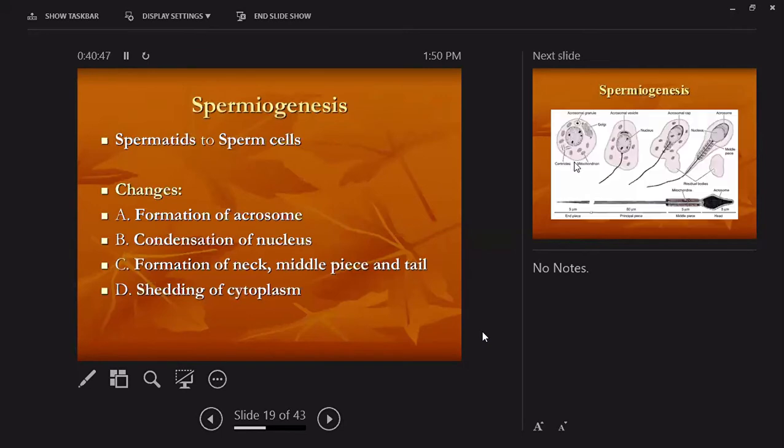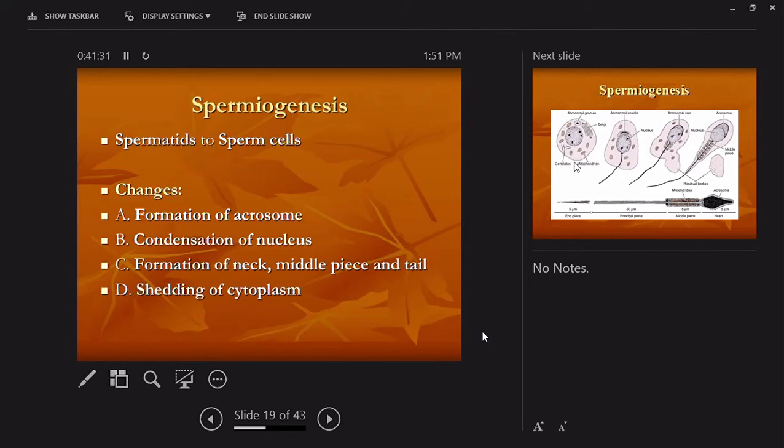Spermatids to sperm cells, that is what you call spermiogenesis. The changes that occur from spermatid to become the sperm cell. First, the formation of the acrosome, and then the condensation of the nucleus. Take note that when it is a spermatid, the nucleus is not so dense, hindi pa buong buo. And then formation of the neck, middle piece, and tail.